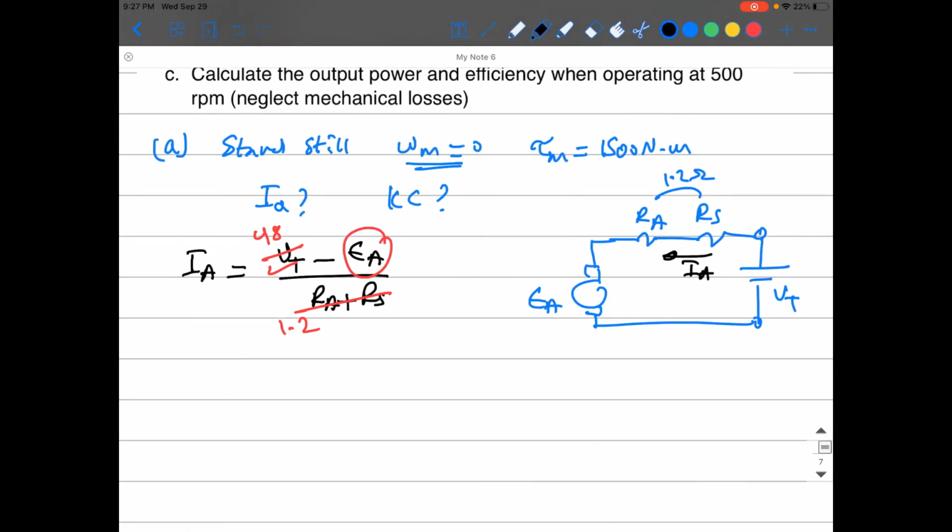That's the only unknown here. Ea basically equals K phi omega m for any kind of machine. At standstill there's no speed, so the speed equals 0, and that means Ea equals 0.